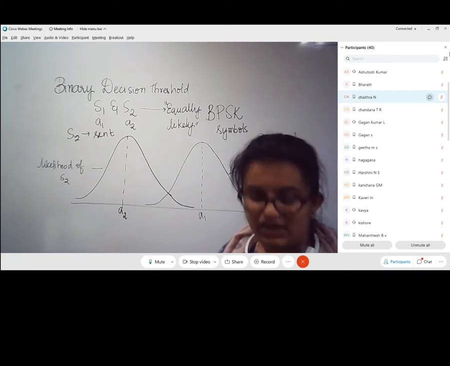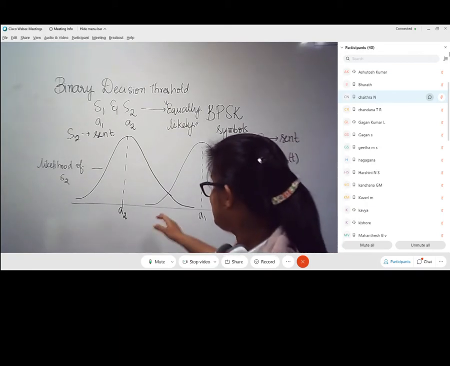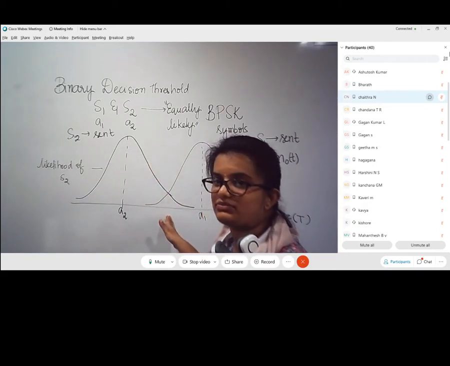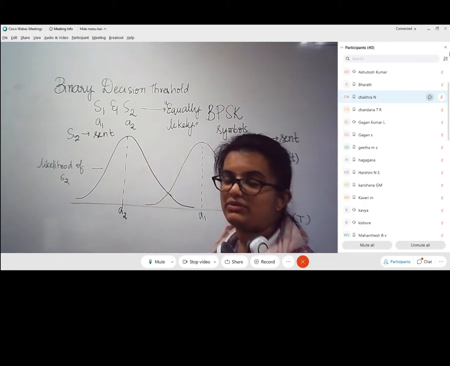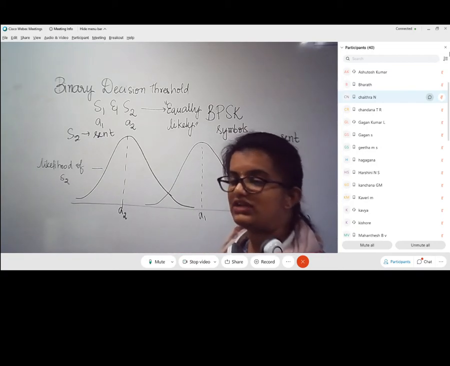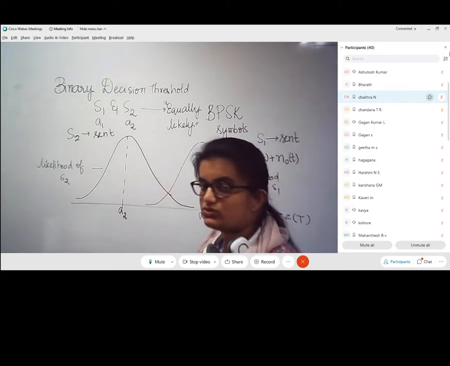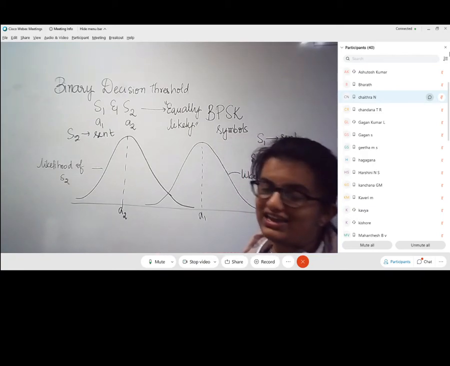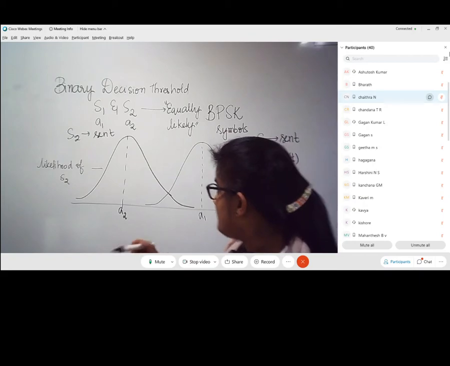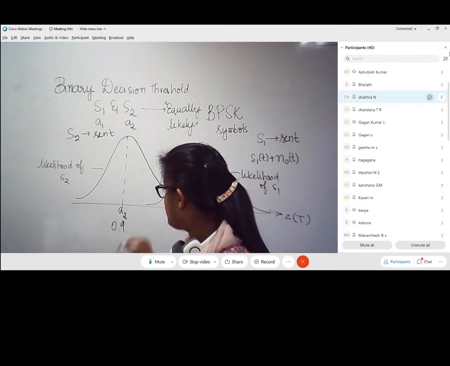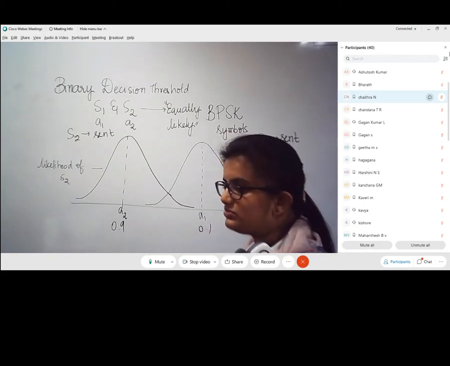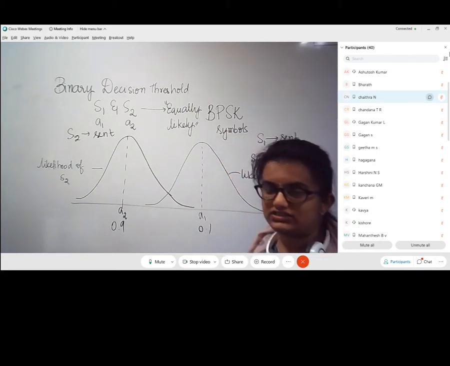Suppose I am sending more of symbol S2, then I am not fixing exactly at the midway between A2 and A1. Assume that the source is a little bit biased to symbol S2 itself. The probability of occurrence of S2 is more, let's say 90% I am going to obtain S2 and only 10% I am going to observe transmission of symbol S1.